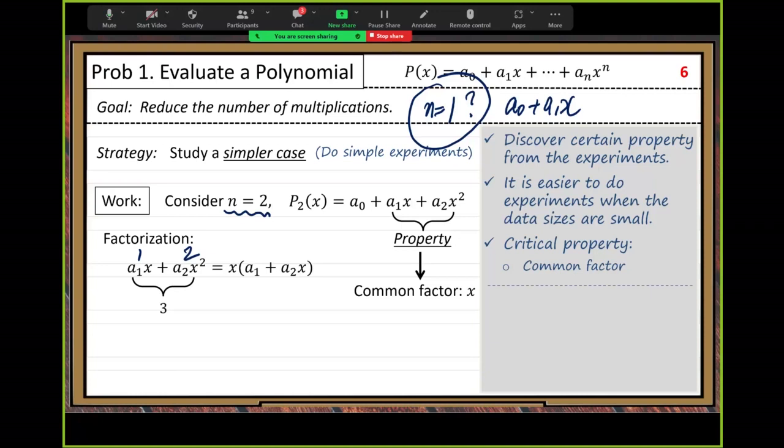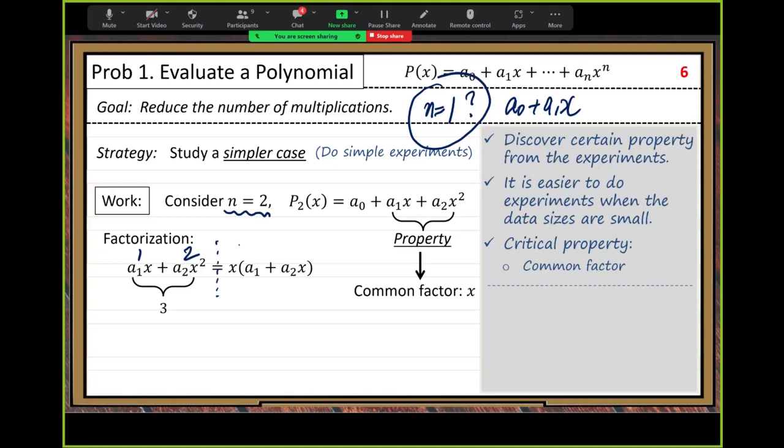Then, after factorization, can any of you do the counting? How many multiplications do we have after the factorization? Can you count quickly? How many? Exactly, 2 multiplications. Good.